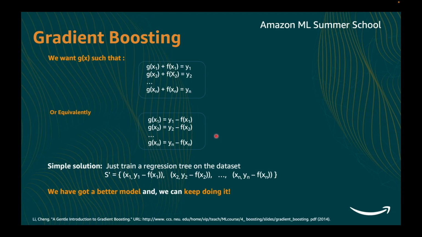You have to train a model using the inputs x1, x2, x3, etc., and the outputs as y minus f(x1), what's called the residual. So you have to train a simple regression model on the residual of the model before it, right? And this gives you a better model.